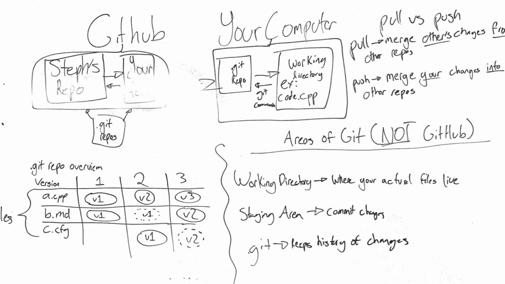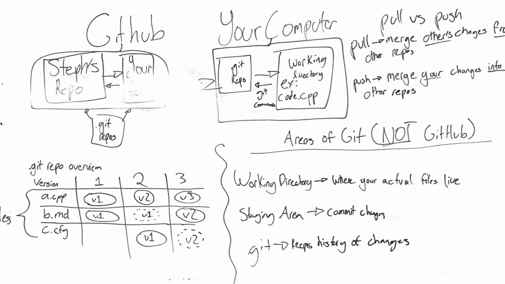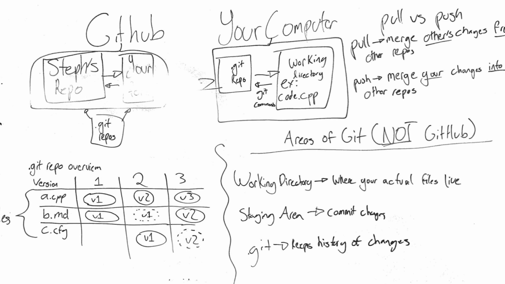So all three of these are Git repos. This one's local. From there, you can work on the files, stage them, and then commit them. Then you can push your changes to your fork, and then Steph, if she wants to, can pull your changes over. Another concept in Git is pulling versus pushing.